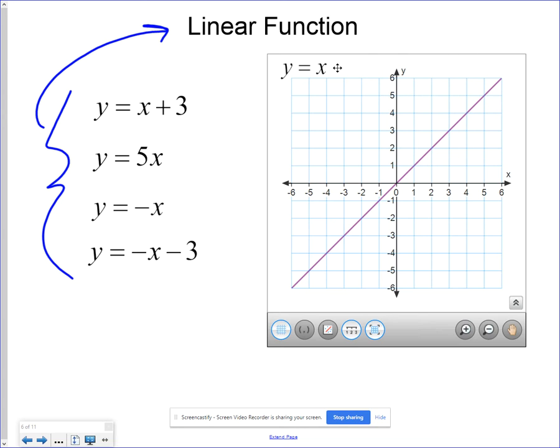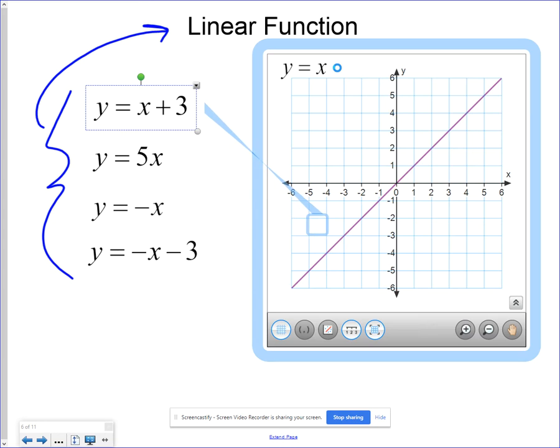If you look at the first one, y equals x plus 3, I graph that over there. What did it do to the parent graph? Did it change the slant of it? No. Did it change the location of it? Yes.